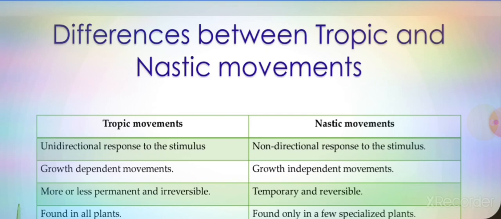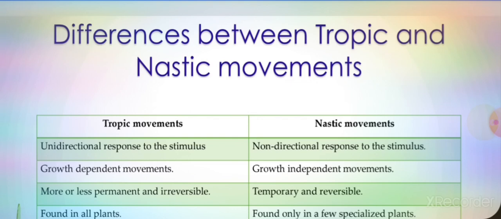But here in nastic movements, it is growth independent movement. It is not because of growth, it is because of that part or that flower. It opens and closes due to the principle. There is a main principle I told you. For example, the flower which opens in the morning, Taraxacum officinale, and closes in the night, that is mainly due to the water, due to the inflated cells where you find turgidity.